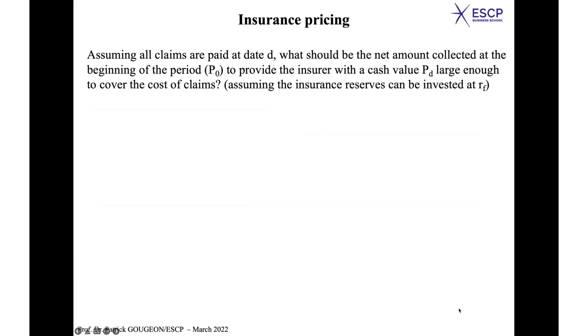Taking time into consideration, because you have seen now that time cannot be taken out of the analysis to have a clear and complete understanding of insurance pricing.